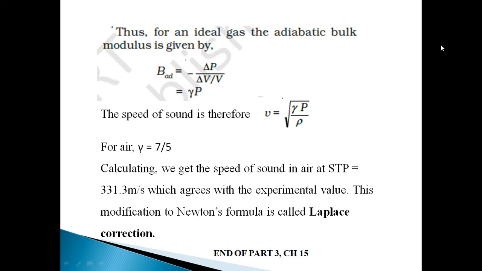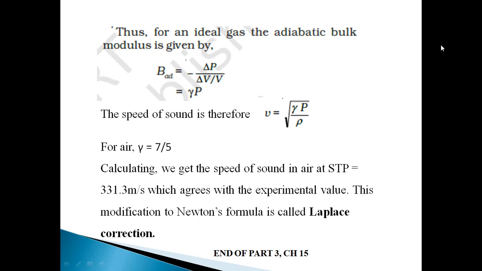So Laplace said instead of using pressure equal to bulk modulus, we have to apply gamma into pressure equal to bulk modulus, and he made a new equation, speed equal to square root of gamma P by rho.